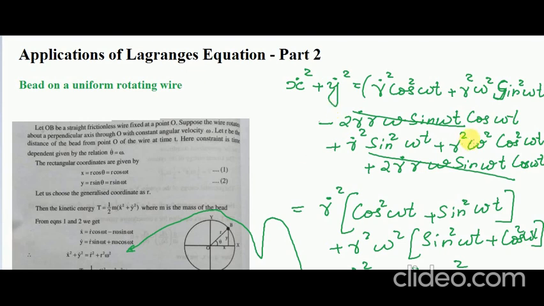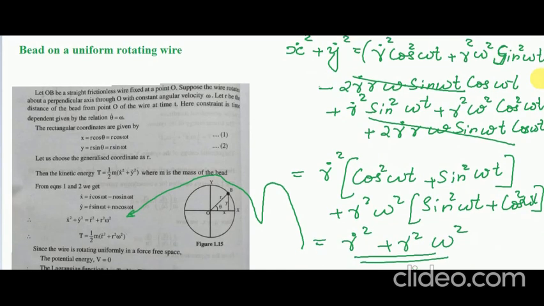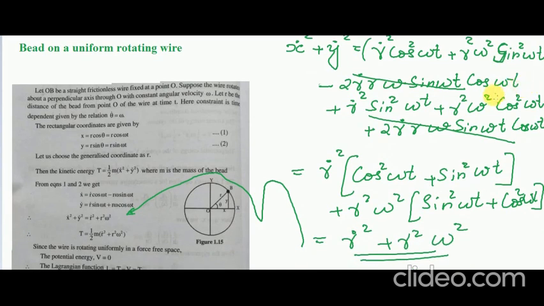Consider a bead on a wire OB, which is fixed at the point O and free to rotate about an axis perpendicular to the plane with a constant angular velocity omega.